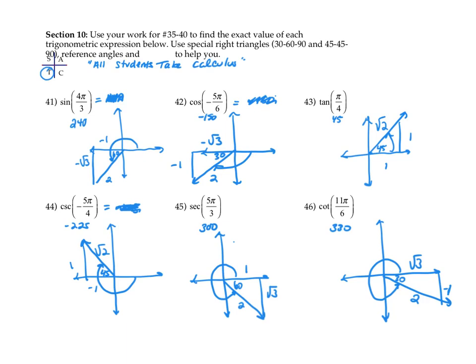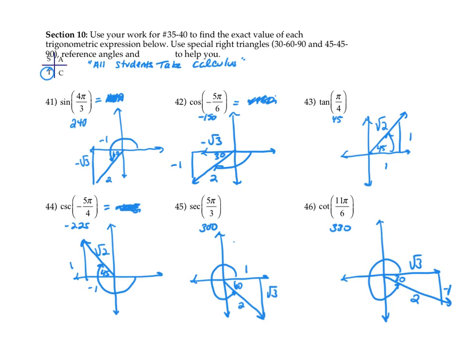So remember the phrase, all students take calculus, to help you remember which trig functions are positive in which quadrant. A refers to the fact that all trig functions are positive in quadrant 1. The S means that sine and cosecant are positive in quadrant 2. T, tangent and cotangent are positive in quadrant 3, and the C in quadrant 4 means that cosine and secant are positive if the angle's in quadrant 4.